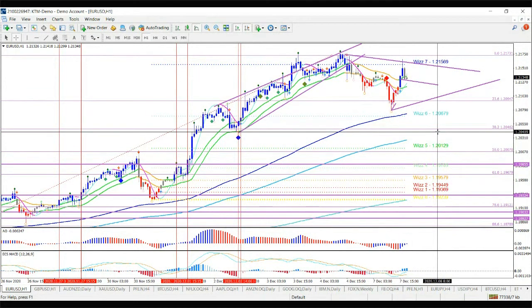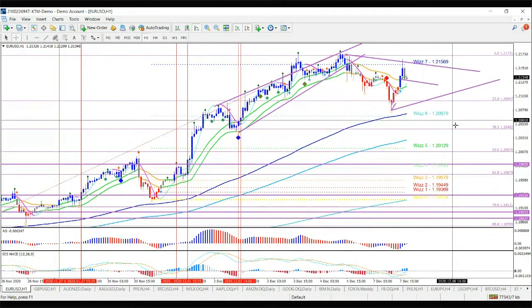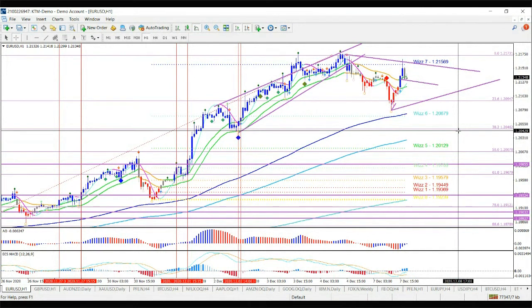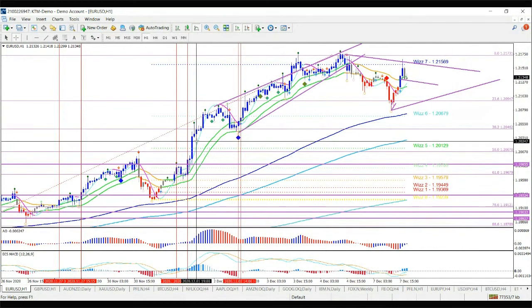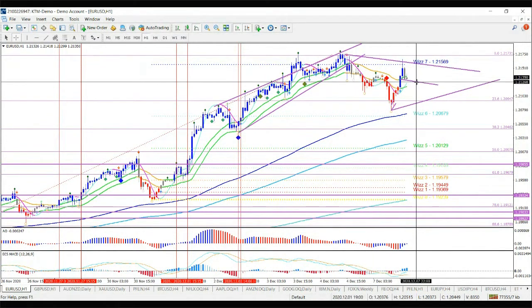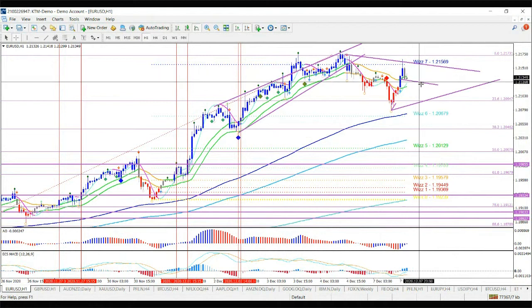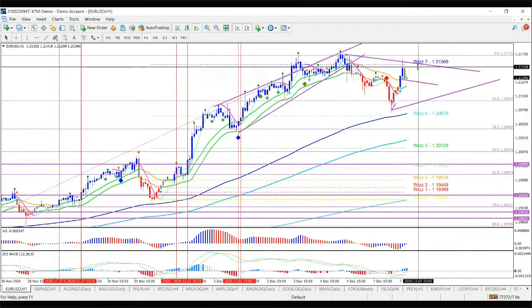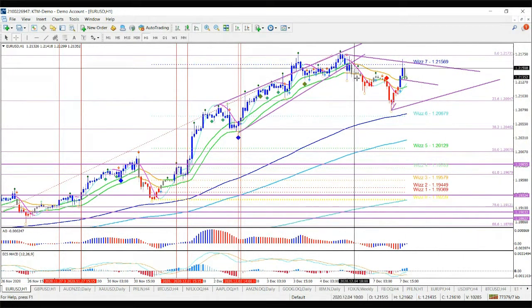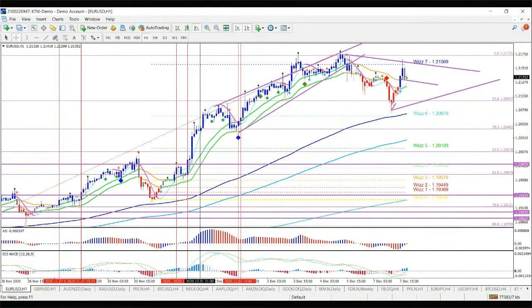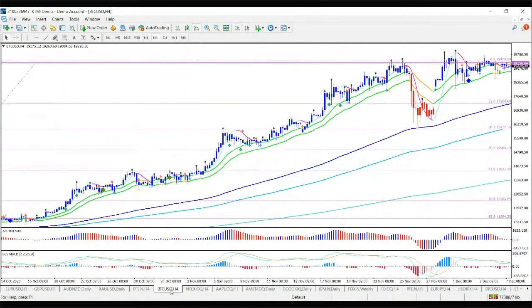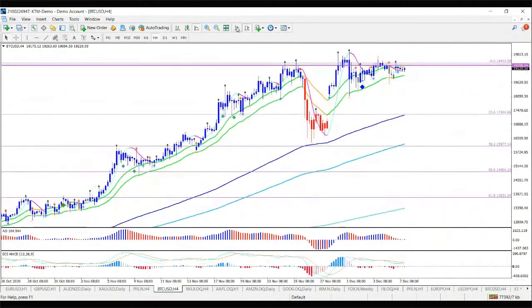So I think it is definitely possible that it can make some kind of flag, triangle, or go to the 38. Whether you use wave analysis or moving average analysis, it seems very likely. If you use fibs, fractals, moving averages and patterns, the probability is quite visible in my view, or at least a decent chance.